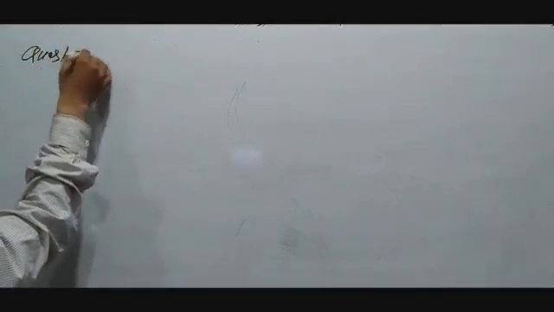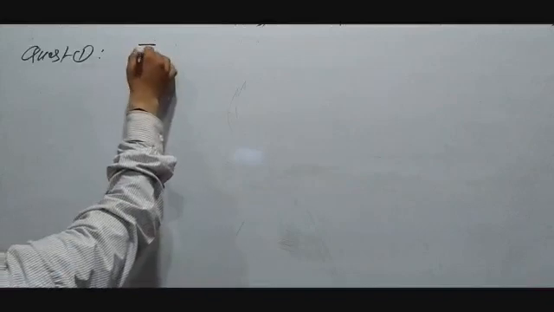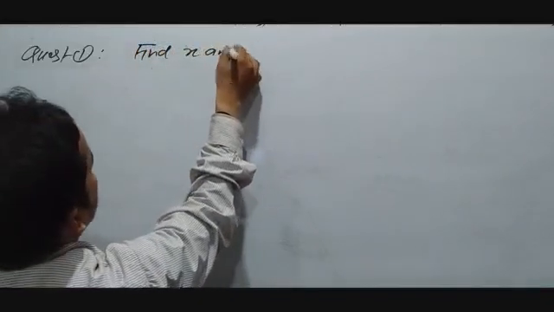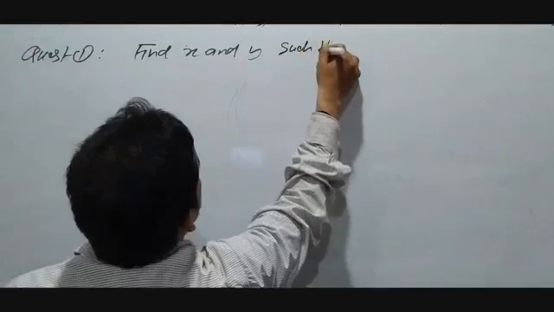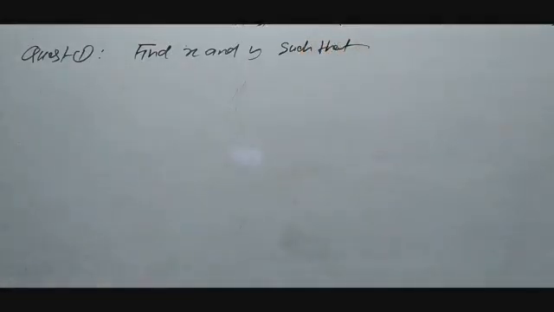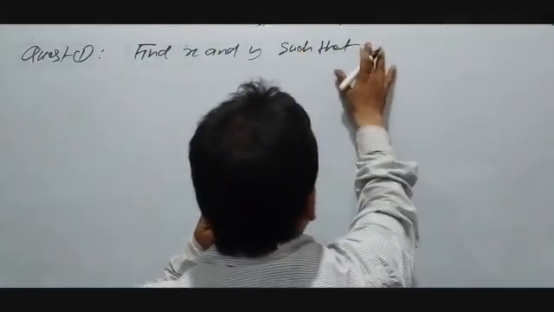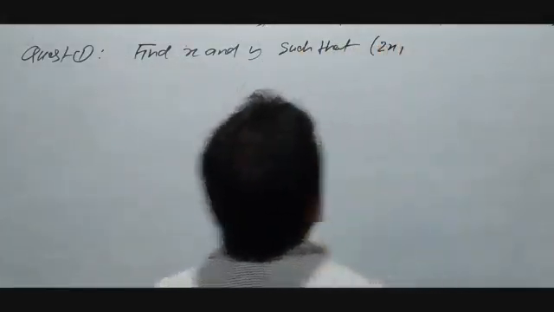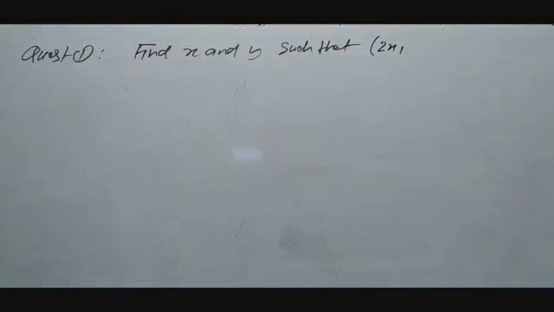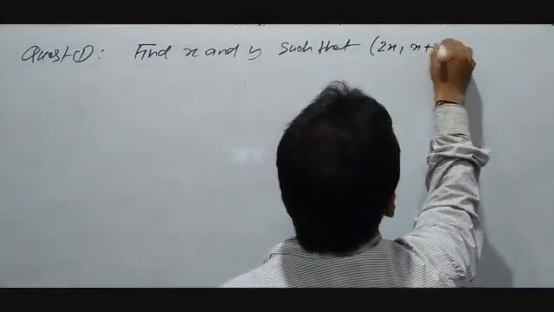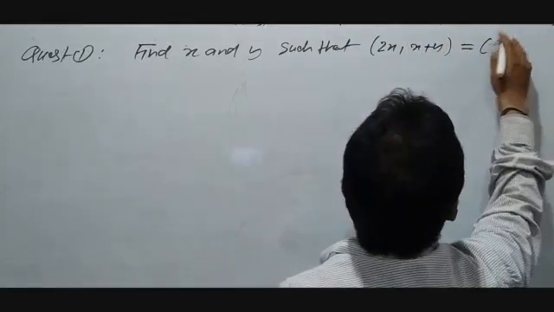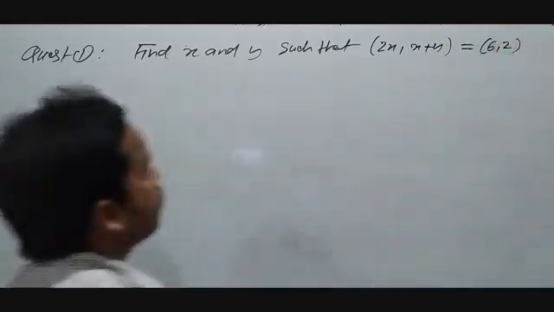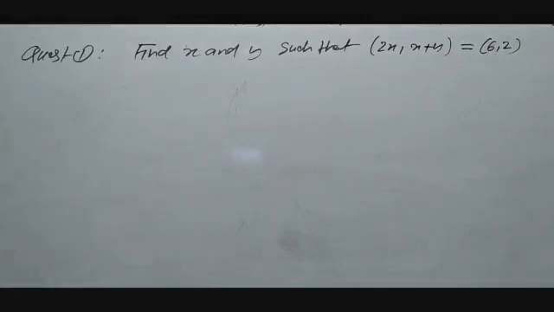Suppose we have a question: find x and y such that (2x, x + y) is equal to (6, 2). Now we have to find out the values of x and y.